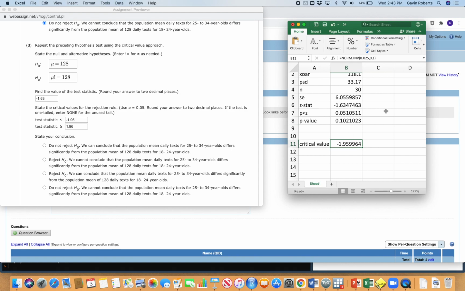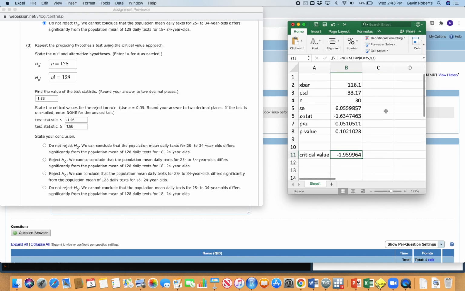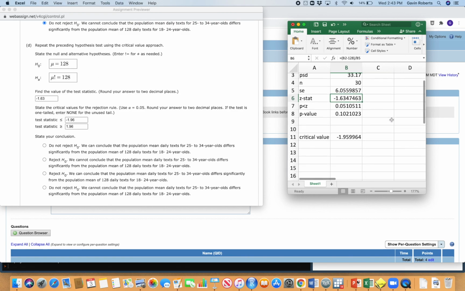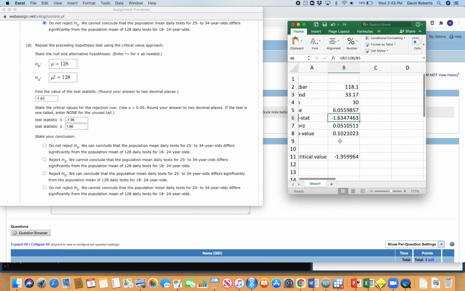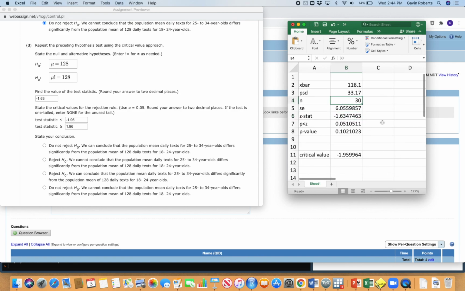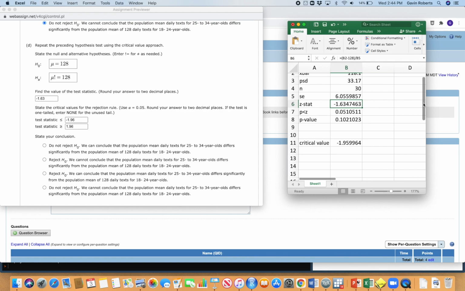So comparing, let's do the comparison real first. We landed 1.63 standard errors to the left of the null hypothesis. In order to reject the null hypothesis, we needed to land 1.96 standard errors to the left of the null hypothesis. Also, we could imagine a situation where we get a sample mean that's greater than 128 and a positive test statistic.